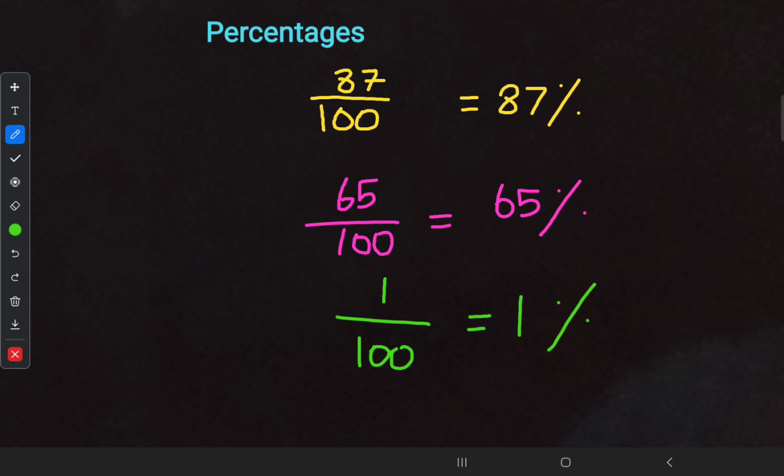This is the basic thing. If the denominator is 100, whatever value we have in the numerator, we can express it directly as a percentage.